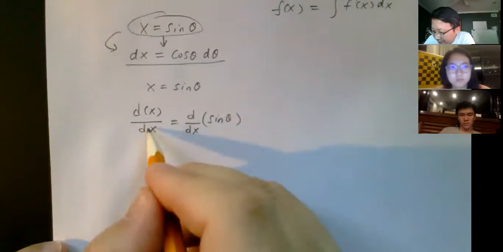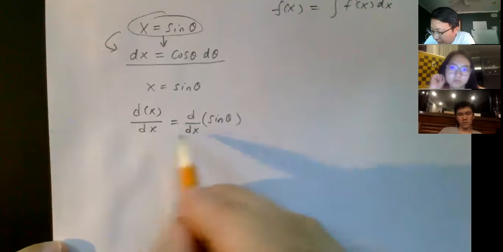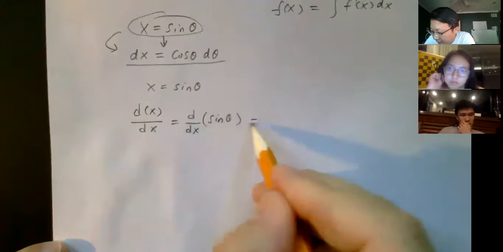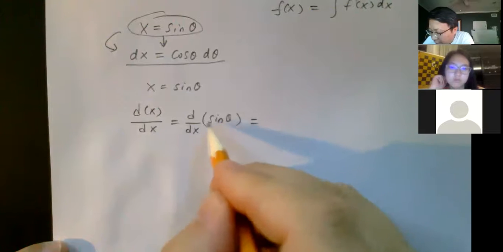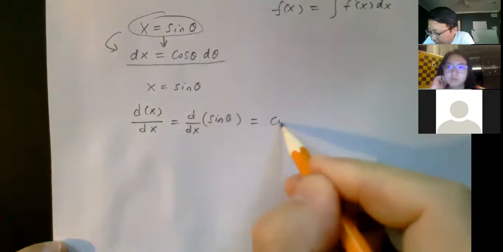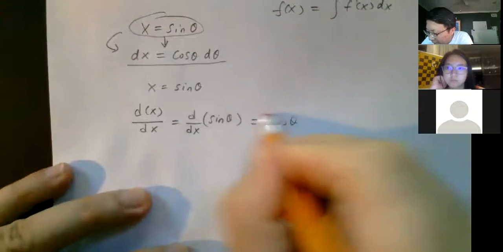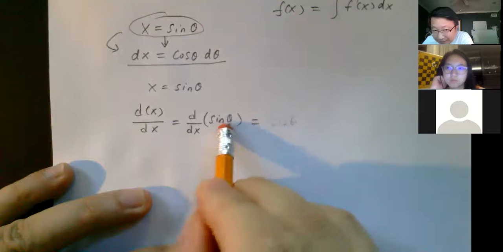So this one equals to cosine theta, right? Sorry, it's not really. So this one is basically, this is theta, this is dx.